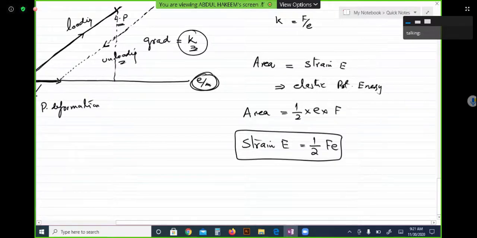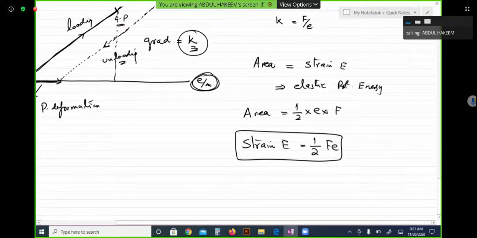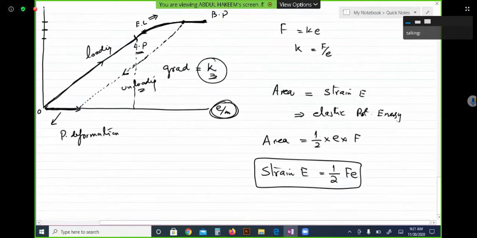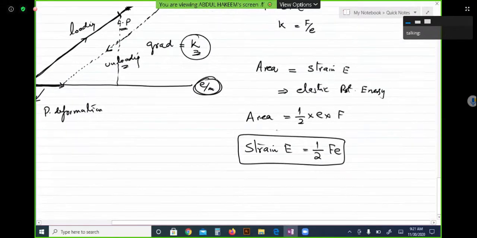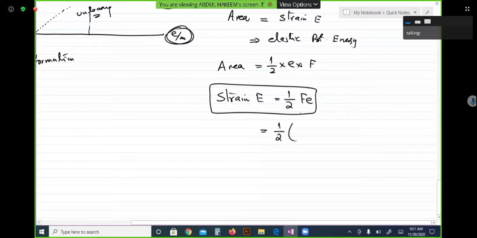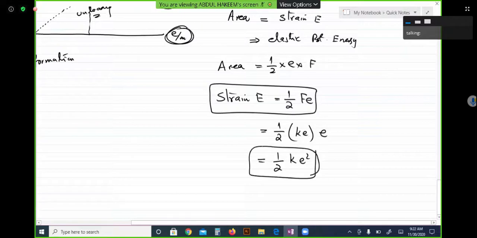But the wire is obeying Hooke's law, and according to Hooke's law, F is equal to ke. So F can be written as ke, and we can write another formula for the strain energy, 1 by 2 ke squared. So this is formula number 1. This is formula number 2 for the strain energy.